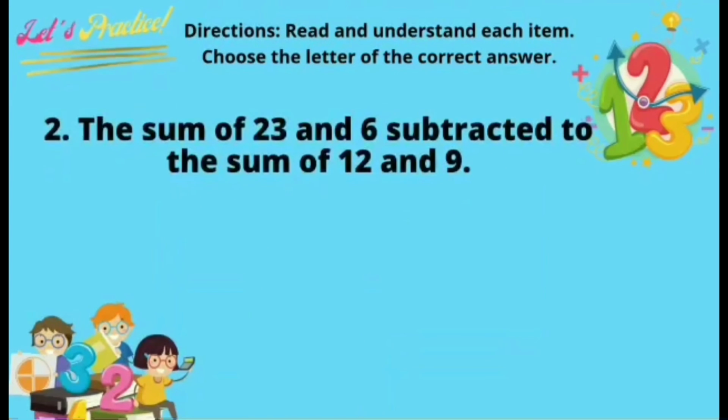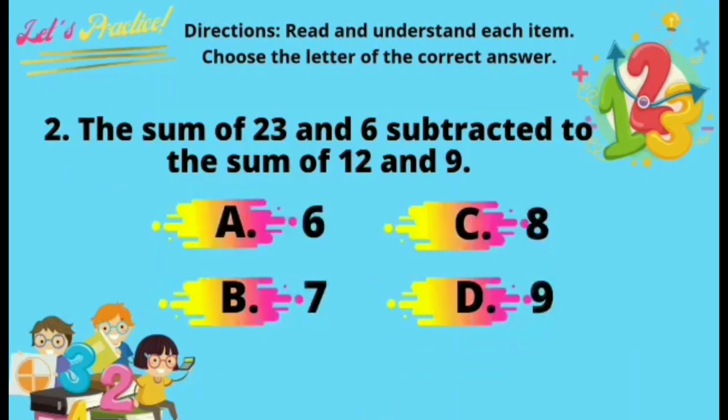For number 2, the sum of 23 and 6 subtracted to the sum of 12 and 9. Now, if your answer is letter C, 8, you are right. We do addition first before we subtract. 23 plus 6 is 29 minus the sum of 12 and 9, which is 21.